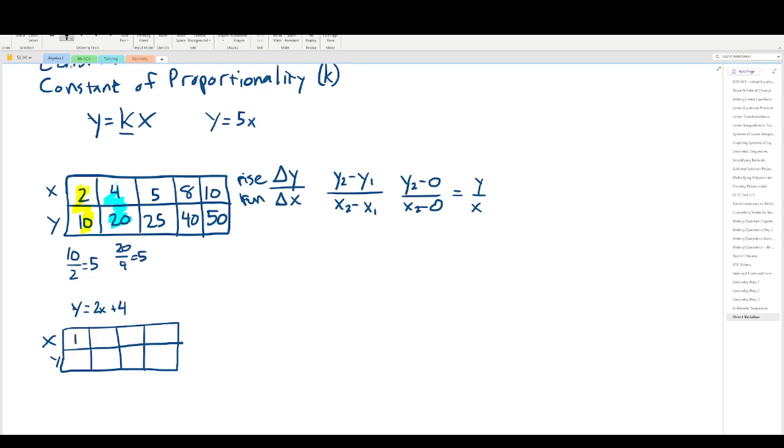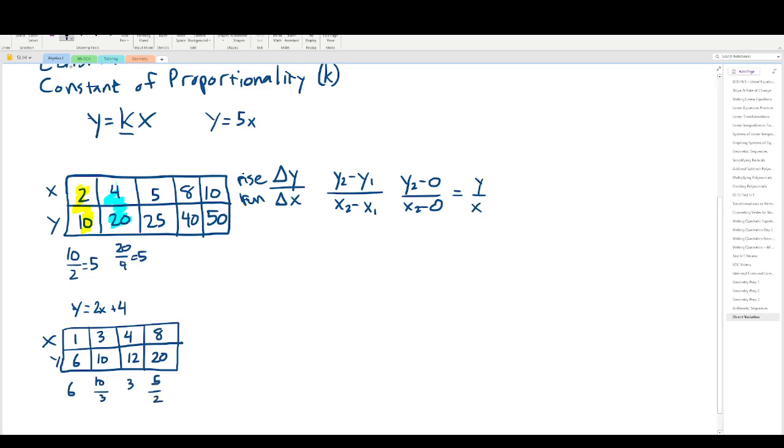So let's say we had 1, 6, and 3, 10, and 4, 12, and 8, 20. So if we just try to divide y over x here, 6 divided by 1, I get 6. 10 divided by 3 is 10 thirds. 12 divided by 4 is 3. 20 divided by 8 is 5 halves.